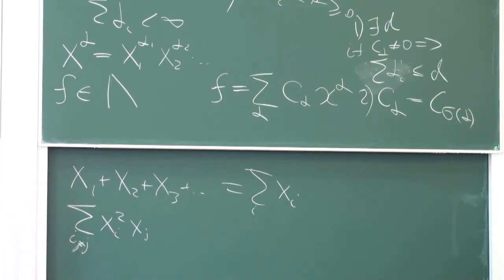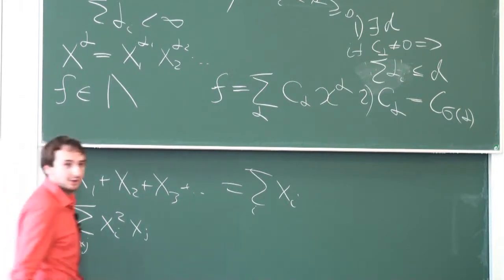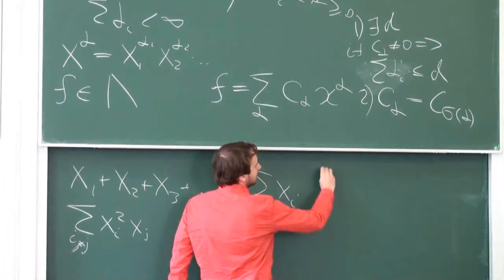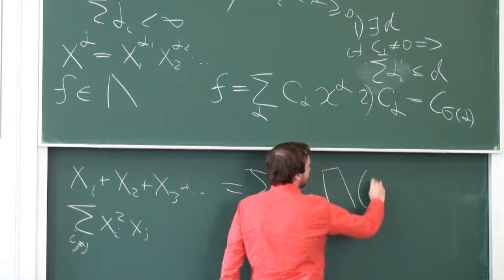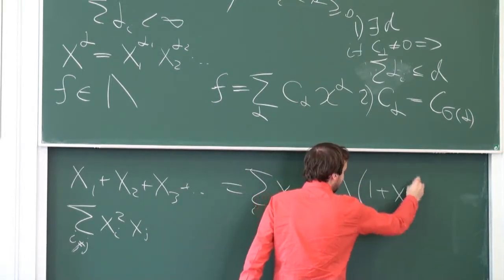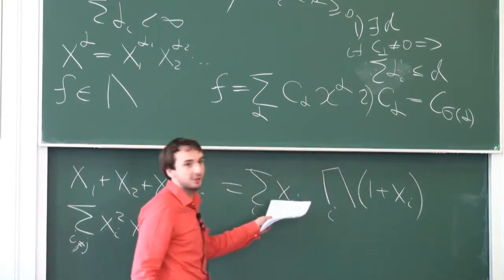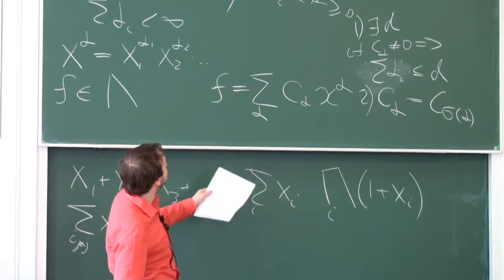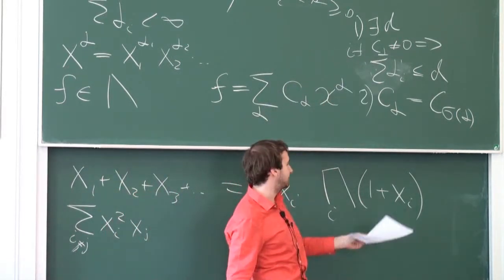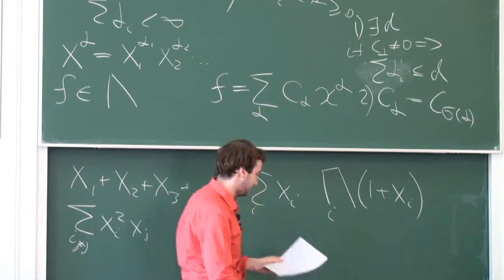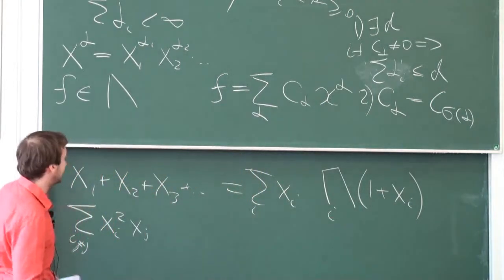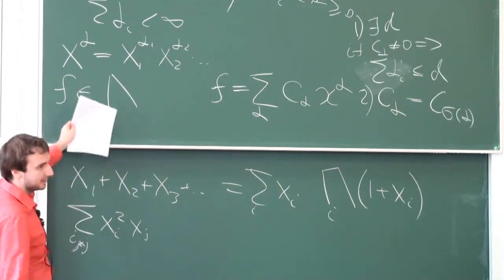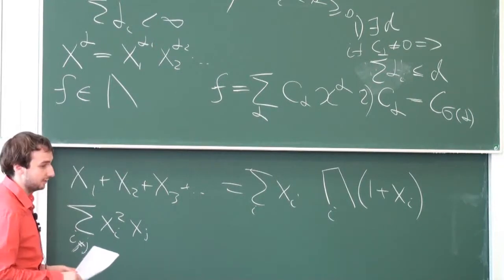This is again a symmetric polynomial. However, if you consider something like the product over all i of 1 plus xi, then this is not a symmetric polynomial, because we don't have this first condition: the degree will be unbounded if you open the brackets here. Okay, so these are symmetric polynomials, and so lambda will be the ring of all symmetric polynomials.